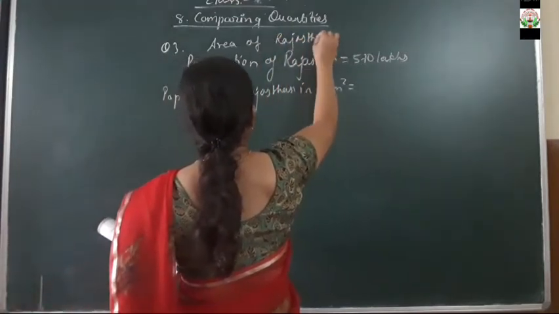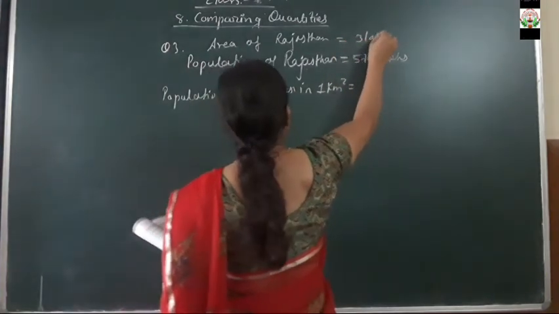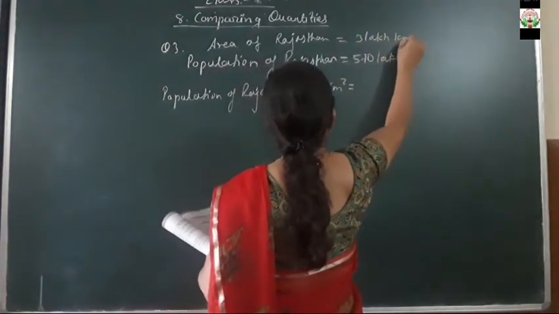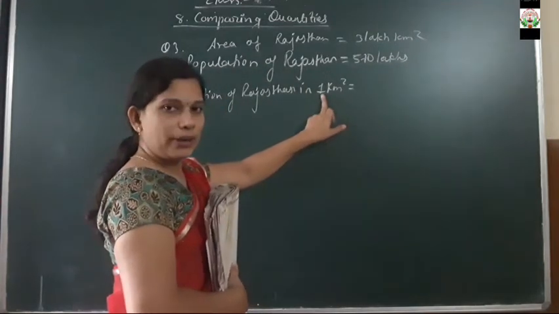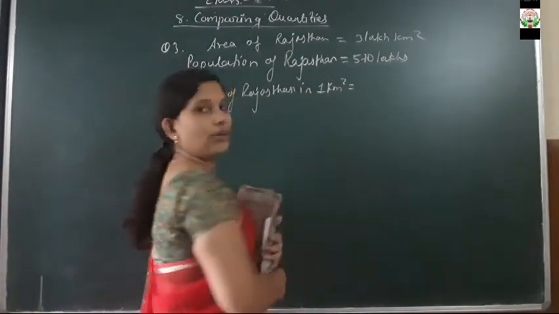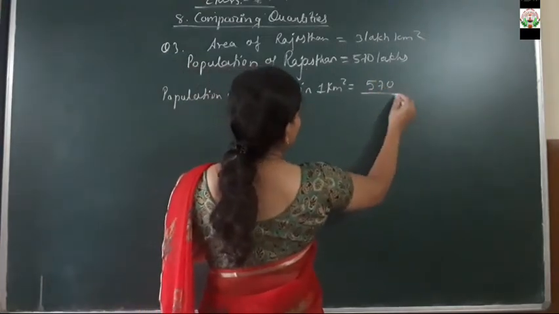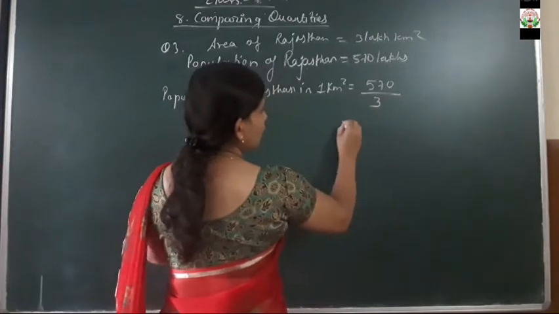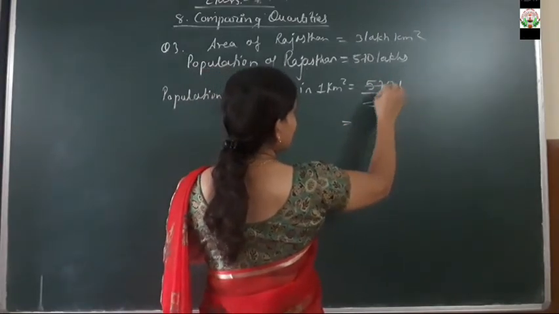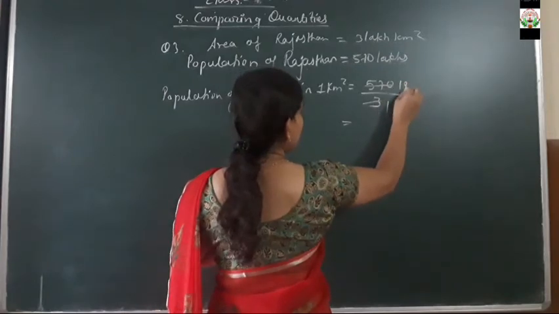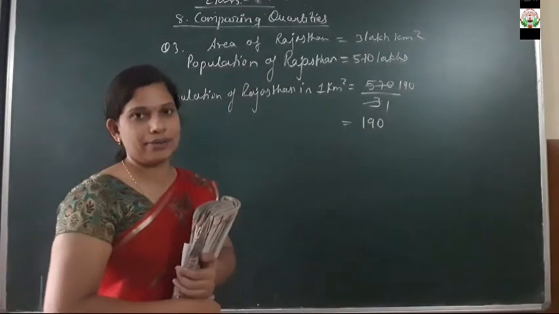Area of Rajasthan is given as 3 lakh kilometer square. This is the area given. Since we want to find out the 1 kilometer square area, for that what are we going to do? We are going to divide. So 570 divided by 3. Here it will be 190, that means 190 population per kilometer square for Rajasthan.